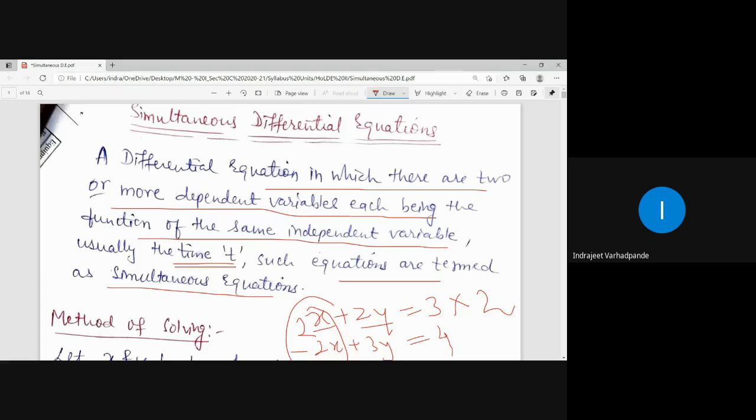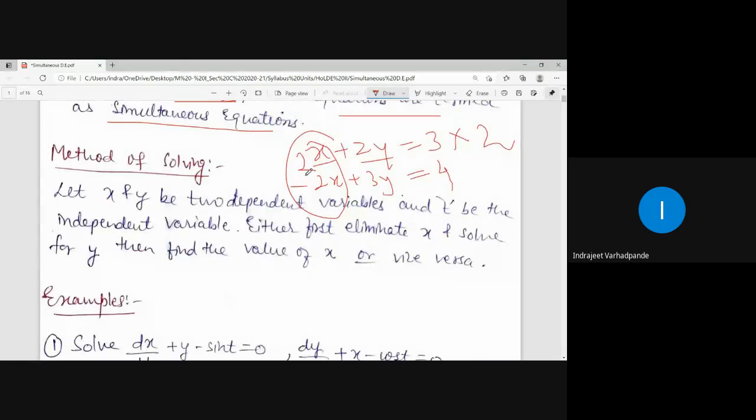Similarly, the differential equations we will be provided with will also have two dependent variables, and the common thing is that they are derivatives with respect to only one independent variable, usually time t. So we will have differential coefficients such as dx by dt, dy by dt. Herein I can say that this is a set of simultaneous differential equations, or a pair of differential equations. So how to solve them?